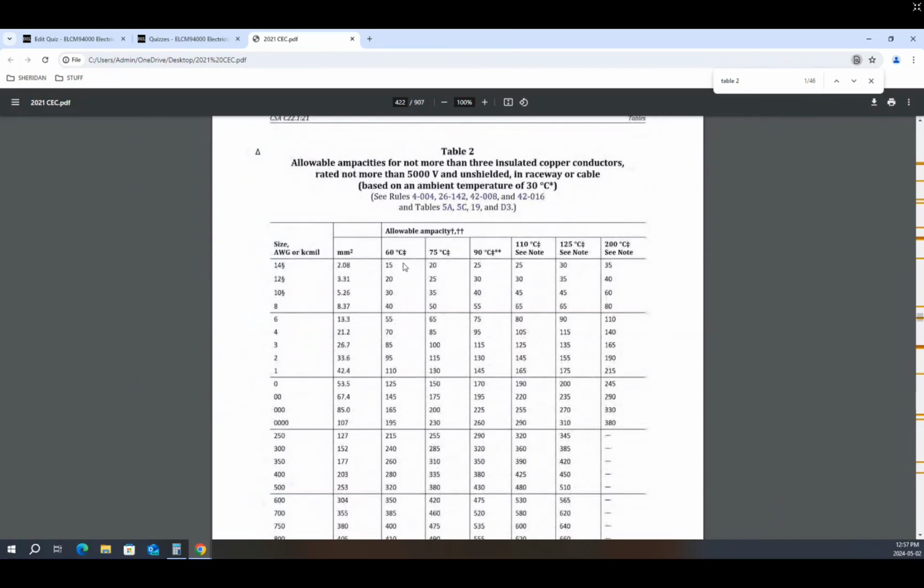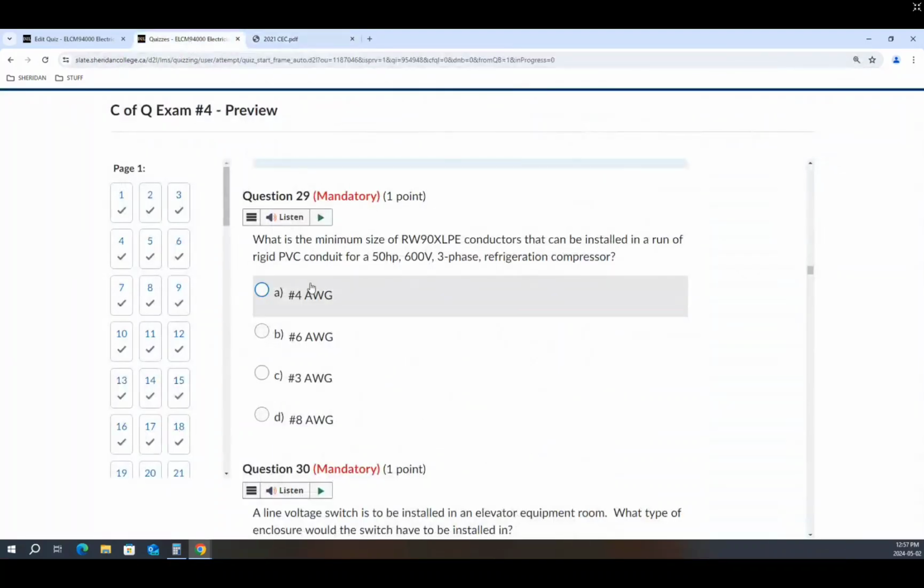We're going to go down the 60 degree column. And I've got to look for 65 amps. So I've got to go to number 4. So number 4.